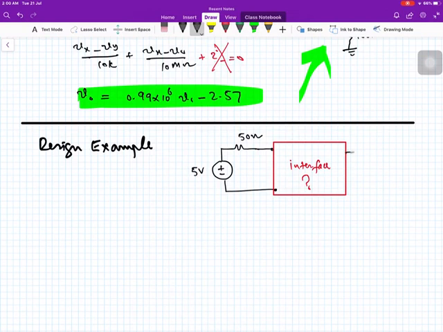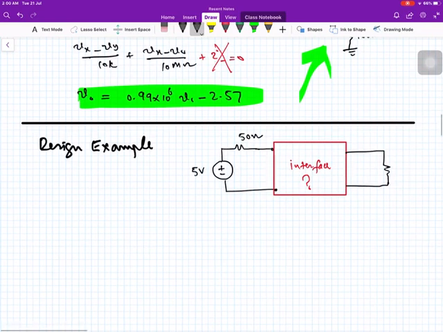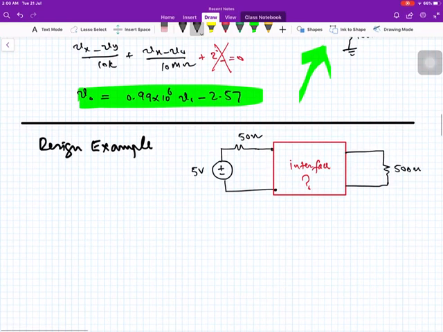At the output, we have a resistance of 500 ohm, and let us label the currents I2 and this current I1. Our requirement is desired output power should be 200 milliwatt.